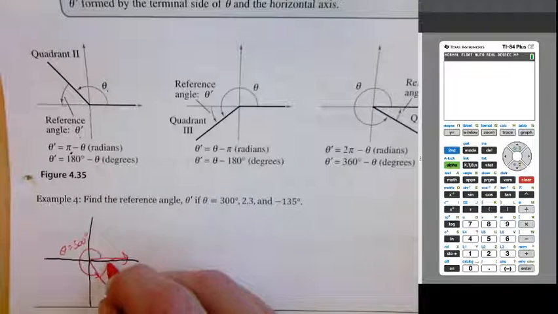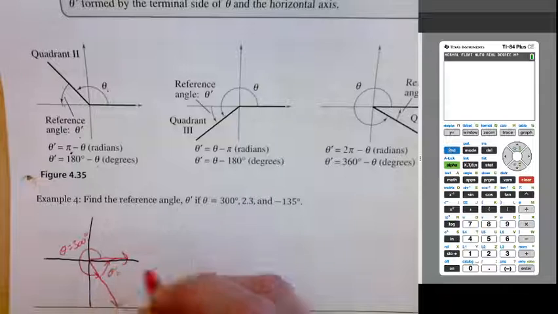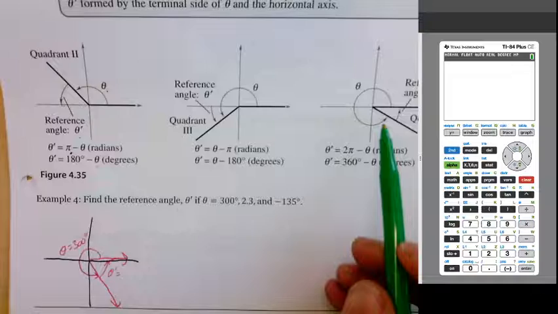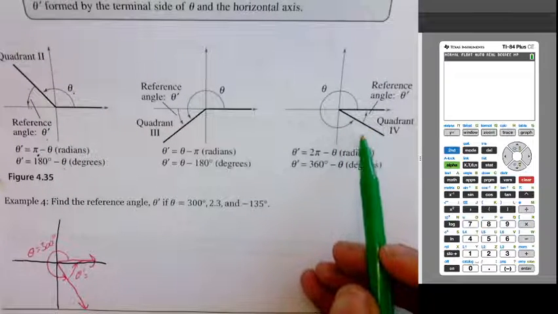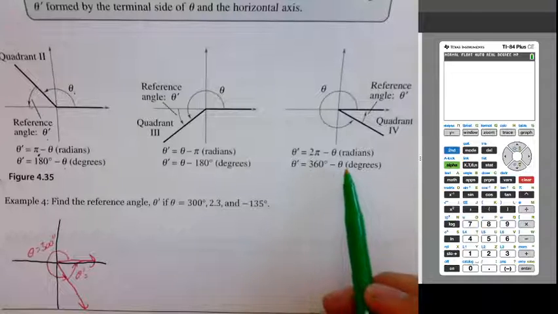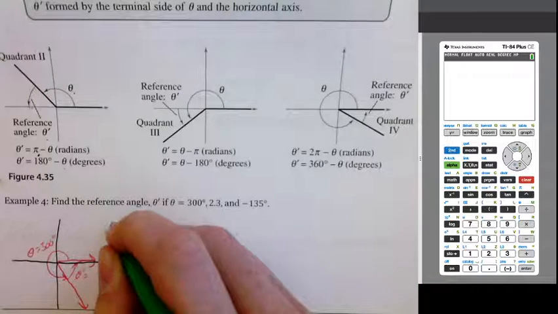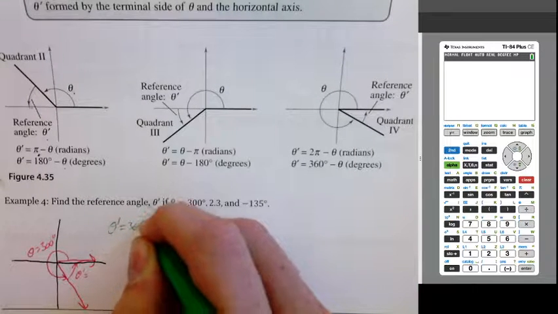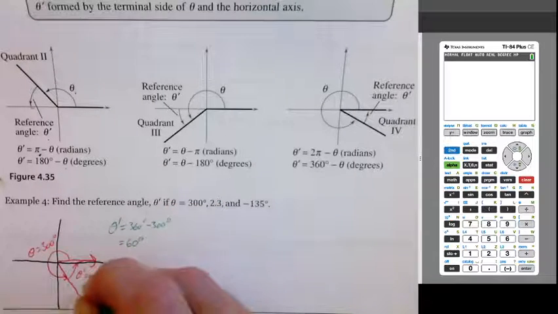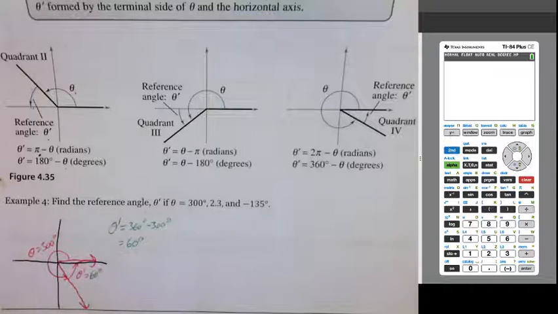So what would theta prime be? Theta prime is going to be right here. Now, since we're in the 4th quadrant and we're in degrees, I'm going to use theta prime equals 360 degrees minus theta. So theta prime is going to be 360 degrees minus 300 degrees, or 60 degrees. So that's going to be 60 degrees.